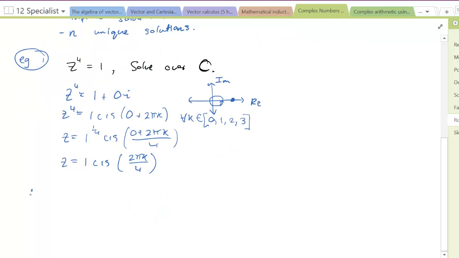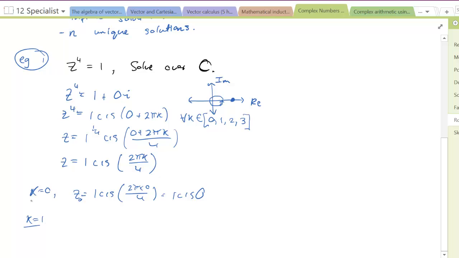So for our first solution, when k is equal to 0, then we get z is equal to 1 cis 2 pi times 0 on 4, which is 1 cis 0. This is our first solution, z0.